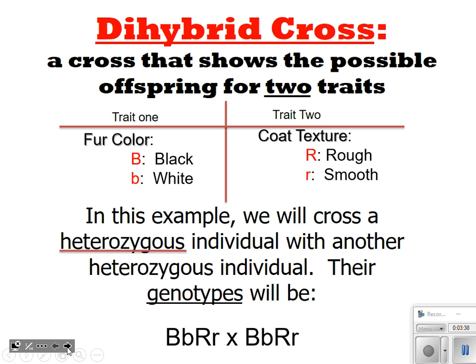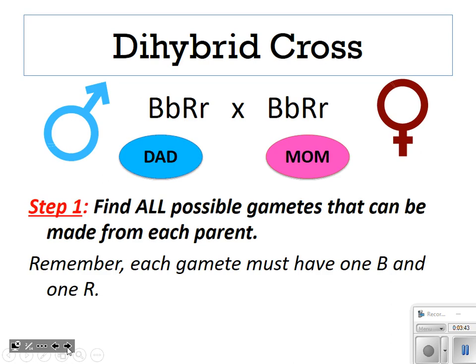Now, step one, okay? And these steps might not coincide exactly with the ones that are in your book, but they should be somewhat close. But step one of the process is to find all of the gametes that can be made from each parent.